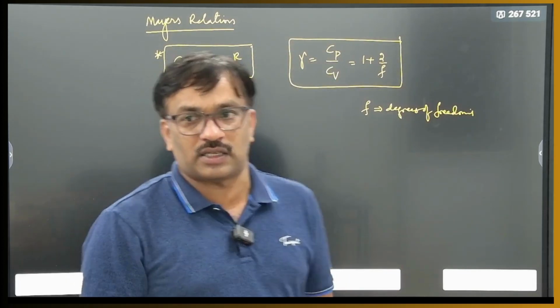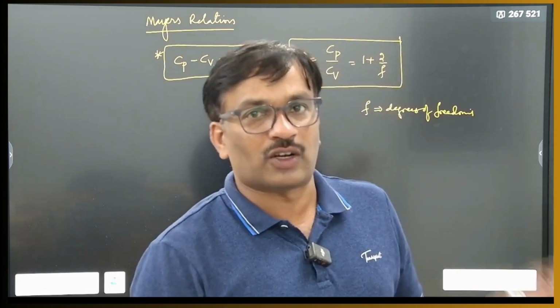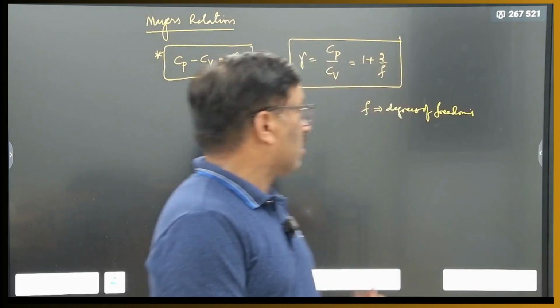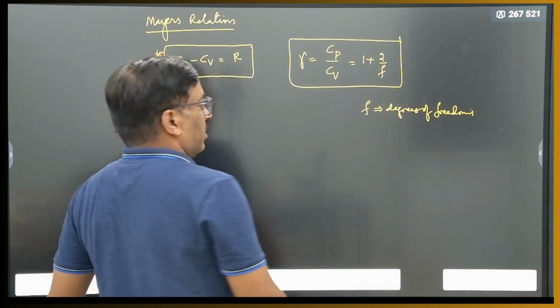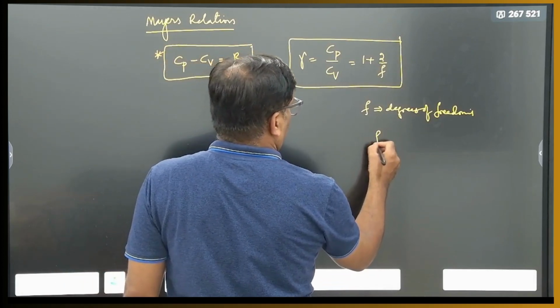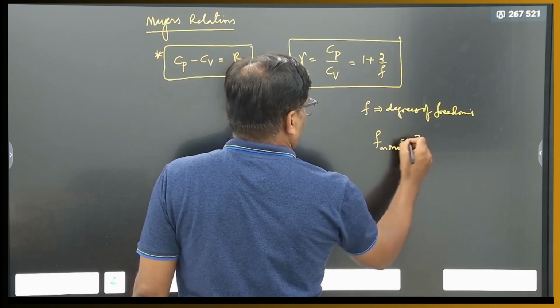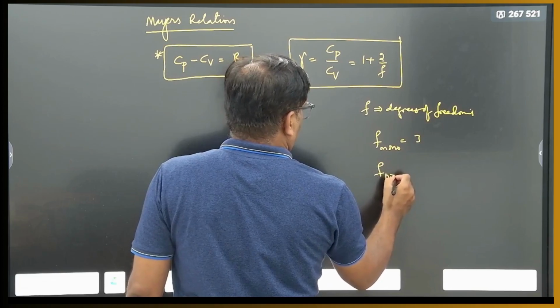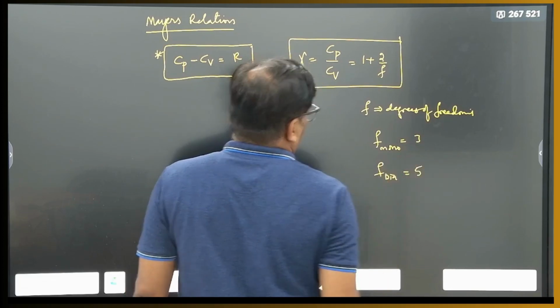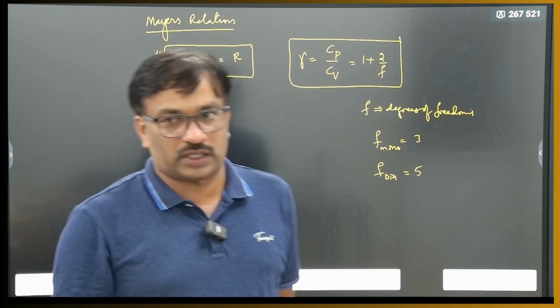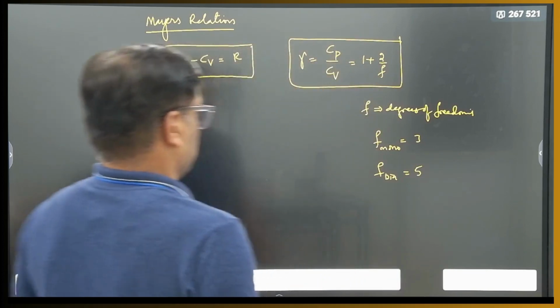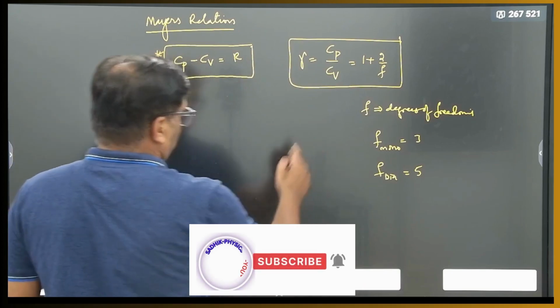I already discussed this in part 2 of our kinetic theory of gases, please check it out. Just remember that a monoatomic gas has 3 degrees of freedom. For a diatomic gas, 5 degrees of freedom will be there, 3 translational and 2 rotational. That is the minimum you can remember.